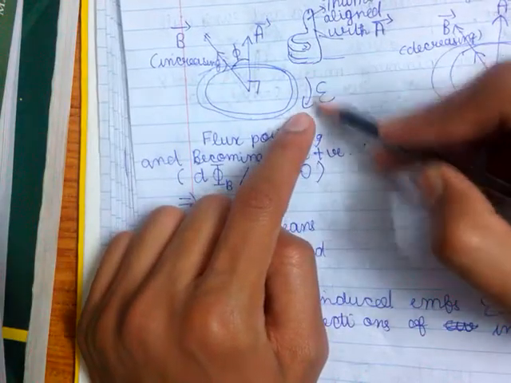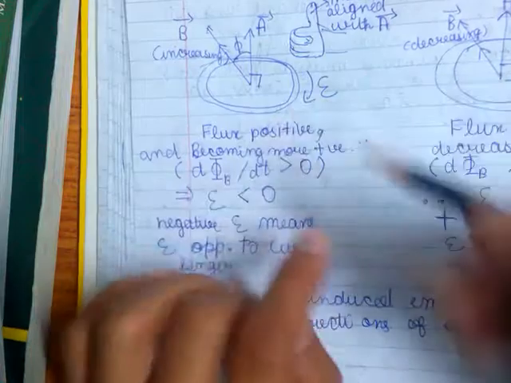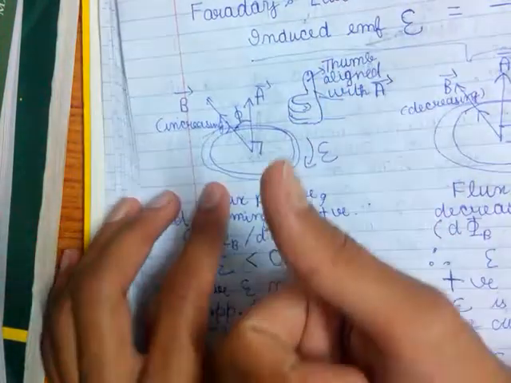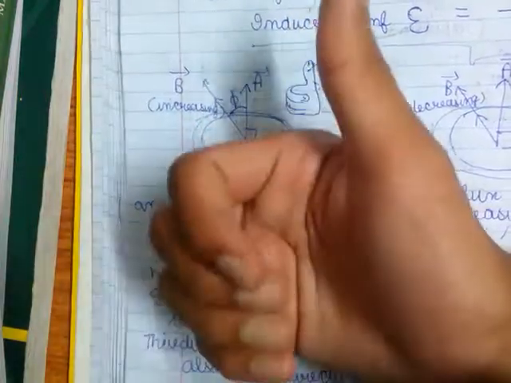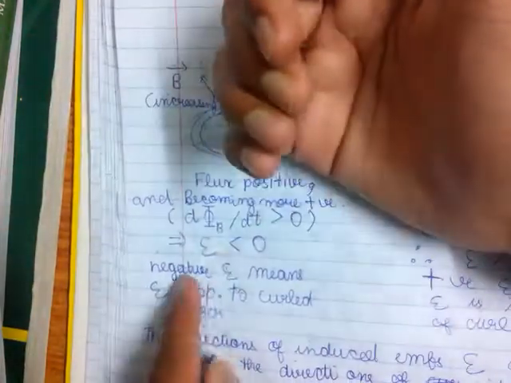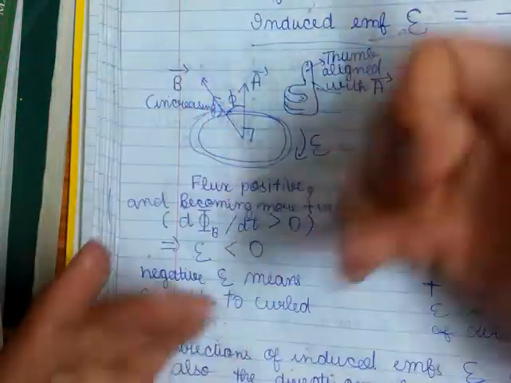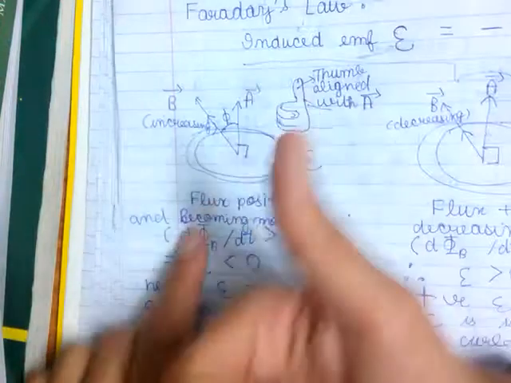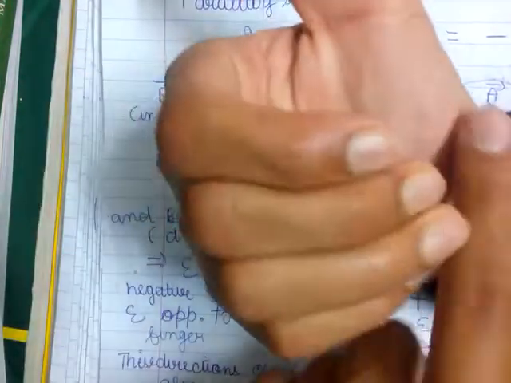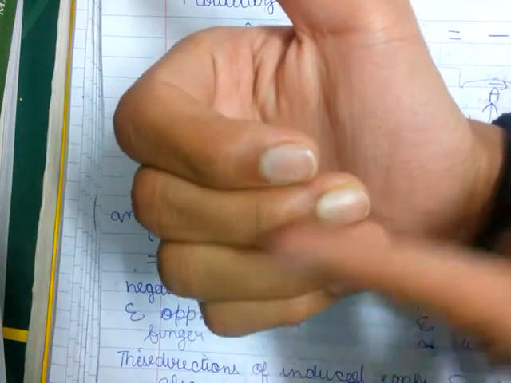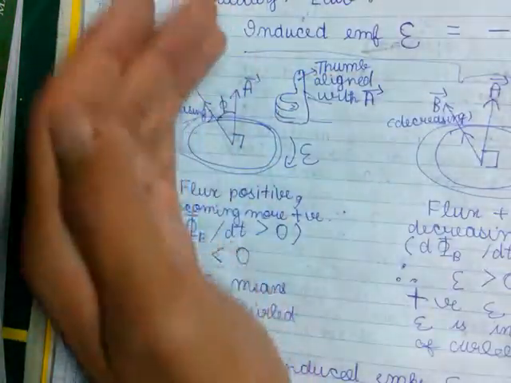Whenever the induced EMF you get is negative, what that means is that when you align your thumb with the direction of the area vector, then if you get a negative EMF, the direction of the EMF is opposite to the direction in which your fingers curl. I chose the area vector to be like this here, and my fingers curl around this direction, so the induced EMF is opposite to it, in this direction.